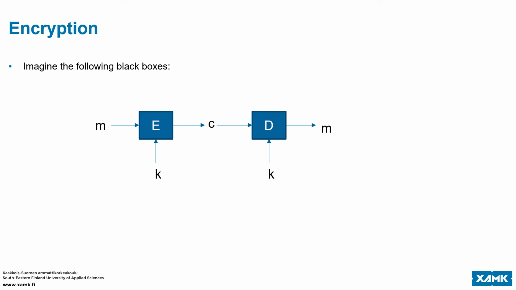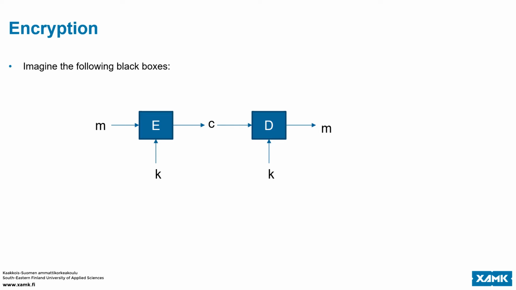This is why we say it's a symmetric encryption system. You start off with one message and one key, and if your encryption and decryption systems work properly, you will be able to extract the same message at the end of this pipeline. And that's basically what these boxes in the picture mean.